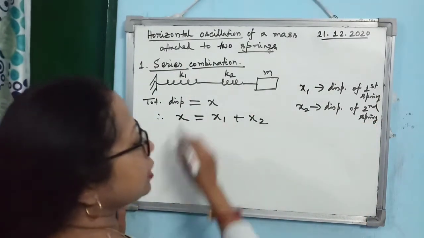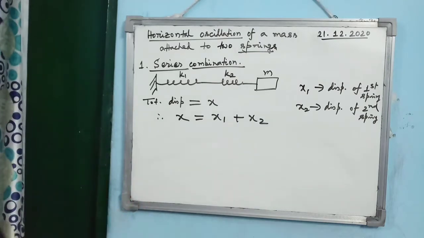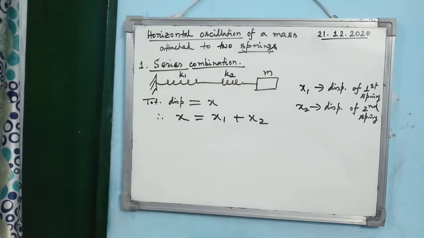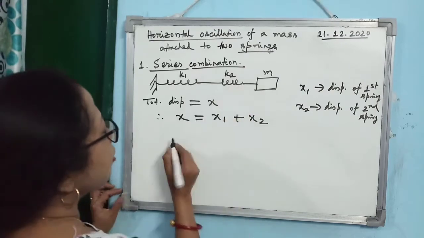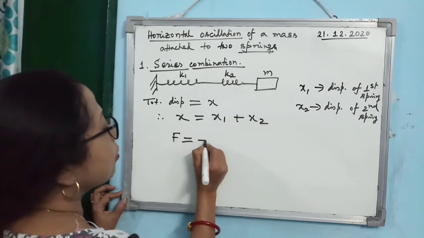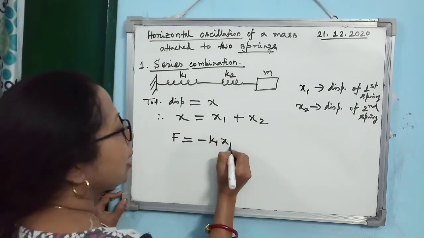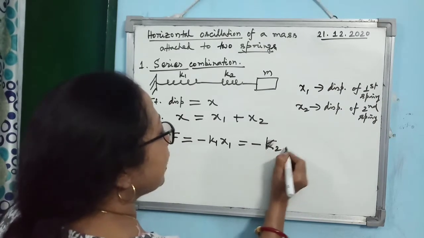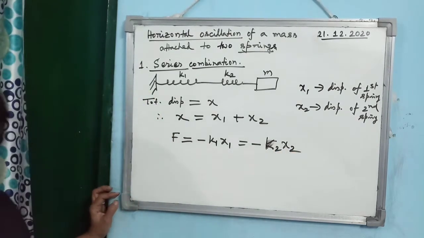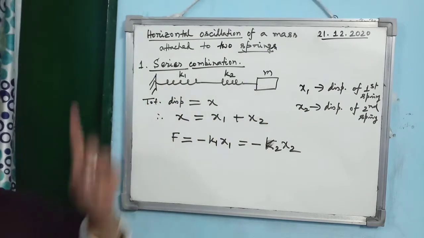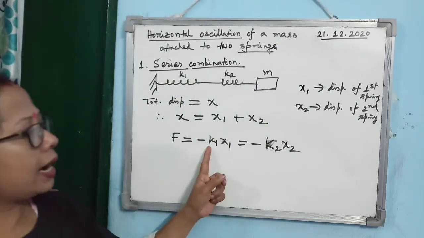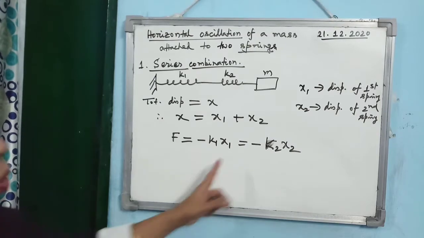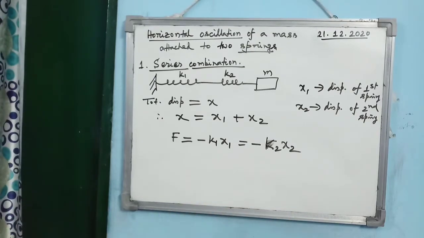Now the question is, what will be the restoring force acting on the mass? Either you can write minus k1 x1 or you can write it as minus k2 x2.